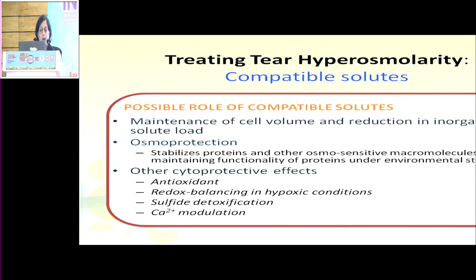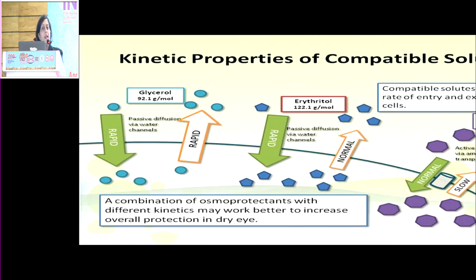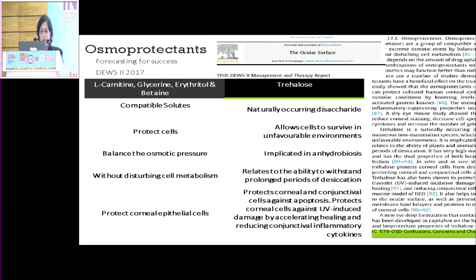Now, just a few slides on the treatment of this hyperosmolarity, and what about using osmoprotectants, the role of compatible solutes. Now, as I explained, when you have hyperosmolarity, the cells get dehydrated, there is a degranulation within the cells and a production of inflammatory kines. If you're able to bypass them by hydrating the cells without affecting the cellular metabolism, that is the key, and that can be achieved by certain agents called compatible solutes.